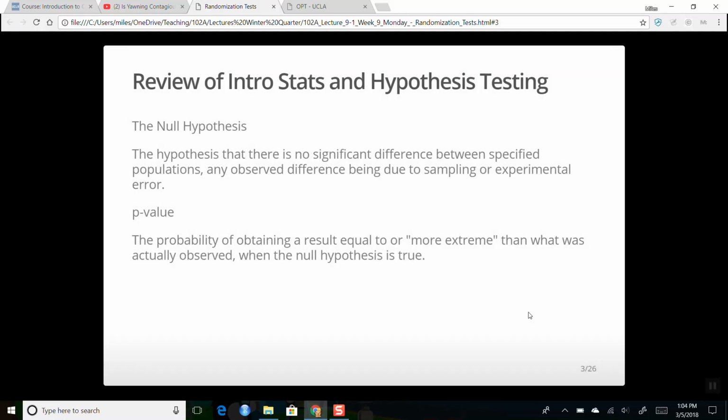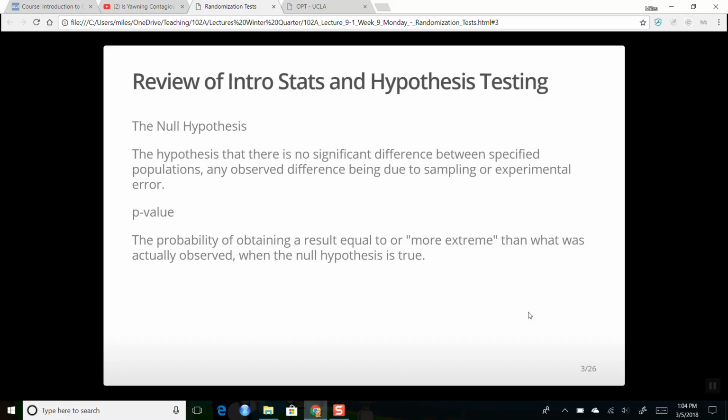Okay. So in your intro stats class, I'm pretty sure you would have covered hypothesis testing, and very central to that is the setup of the null hypothesis and the calculation of the p-value, okay?